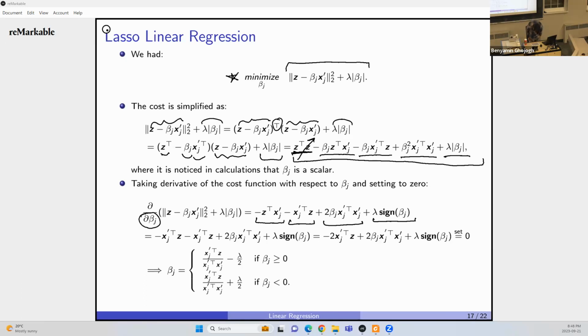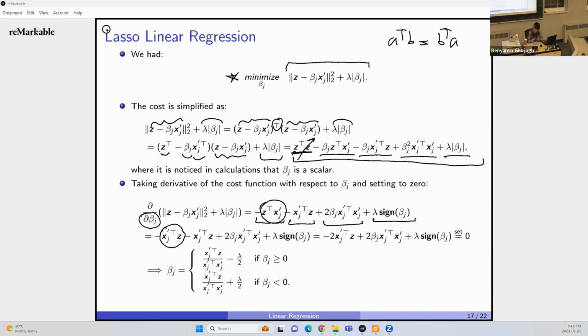Now, what happens? Here, the only difference is that, do you agree that for A transpose B, when A and B are vectors, I can write it as B transpose A, right? Agree? So here, I change the order of these two.